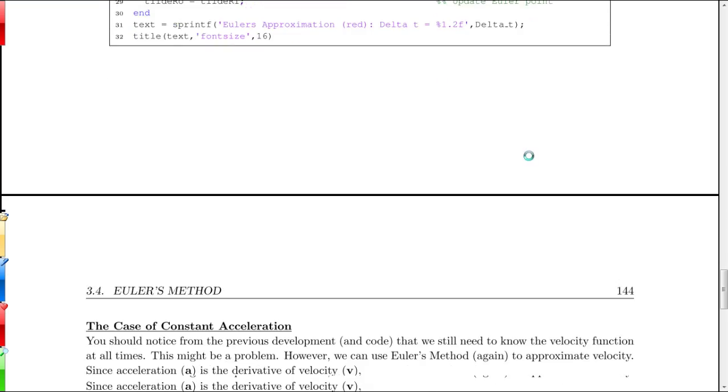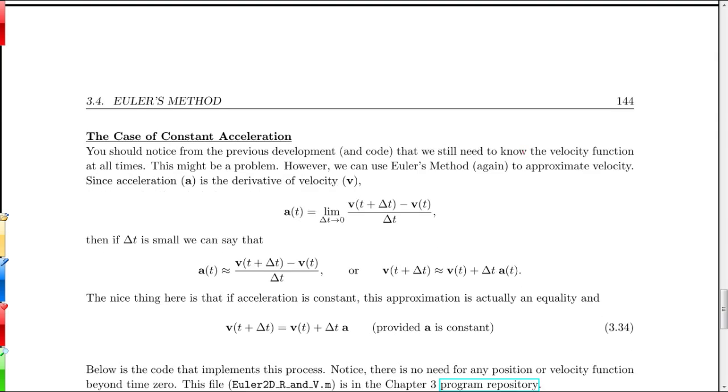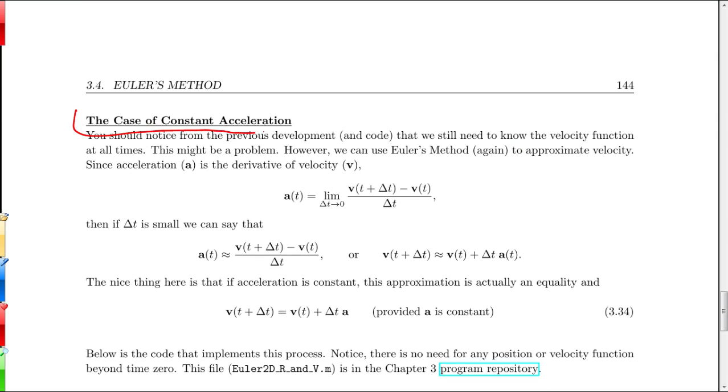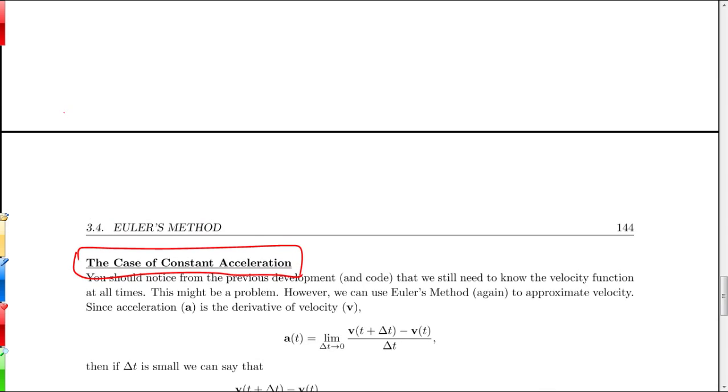But what is nice is that then we can update, and let me give you a little preview first. In the case of constant acceleration, we can update the velocity function with the acceleration function, just like we did position.